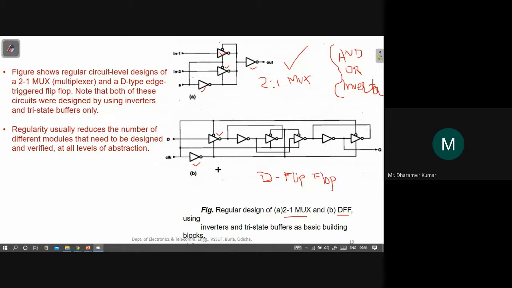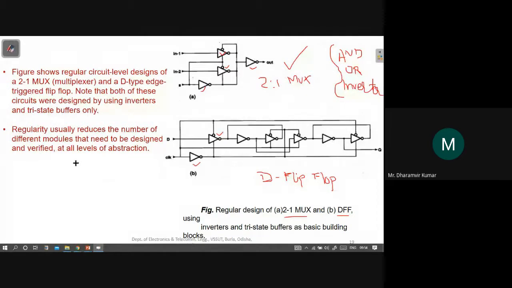Because you have already done the work of designing multiplexers using tri-state buffers. Similarly, we can use the same inverters and tri-state buffers for designing the flip-flops also, if these two smaller blocks are appearing in a big block. So it's a better idea to go with only these kinds of smaller blocks.